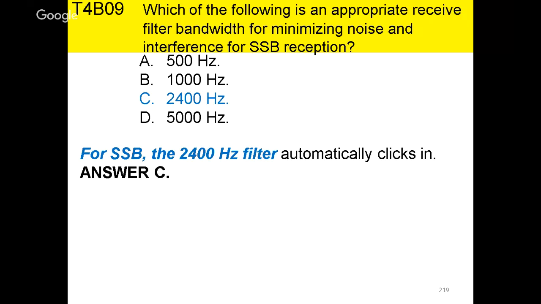And that's within the 3 kilohertz or 3000 hertz bandwidth that you would have for a single sideband reception. And that kind of prevents adjacent channel interference. It minimizes that from coming in on the side, because my receiver is only going to receive a signal that's 2400 hertz or 2.4 kilohertz in width.